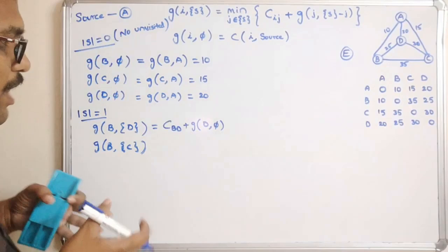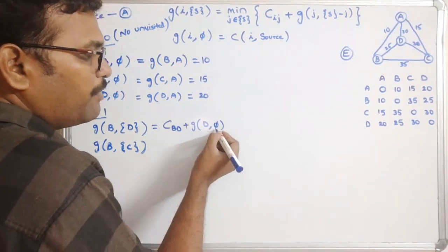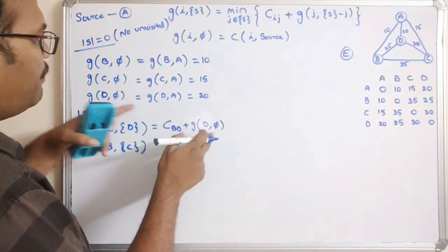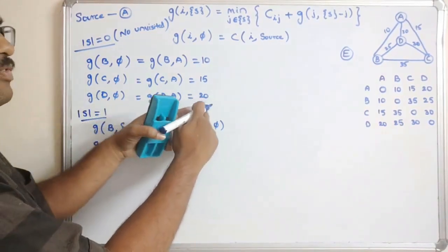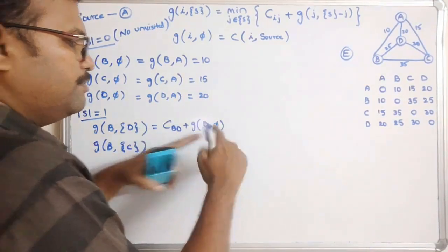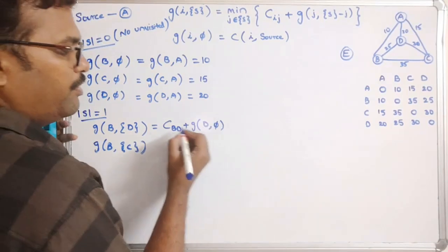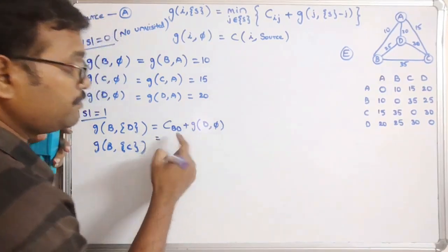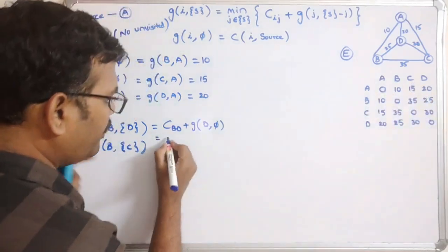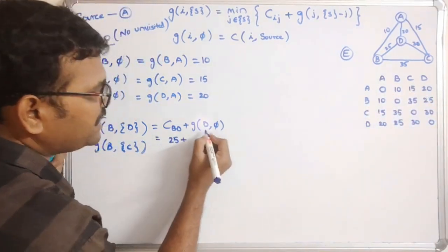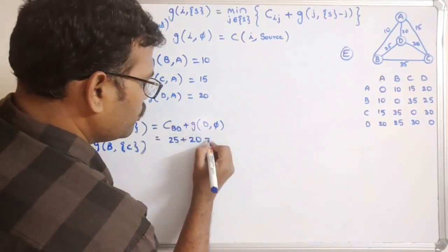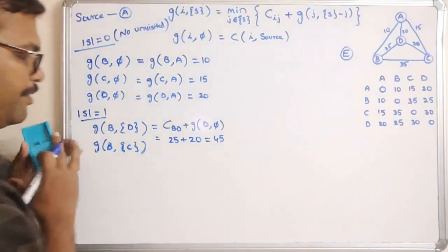So here G of D comma phi we need not recompute, because already we have computed it. So obviously we can get the value from here. So C of BD plus G of D comma phi, which means cost of B and D, it's 25 plus 20 for D comma phi, which is 45.